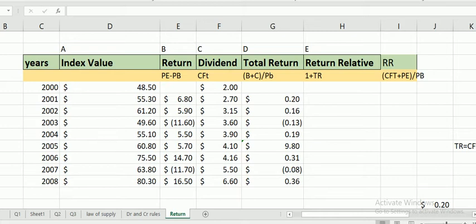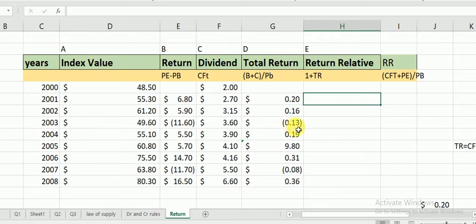Look at how we will calculate the return relative. Here for 2001, the total return is 0.20. We can also express this in percentage form, so 20%. This is 0.16, 16%.